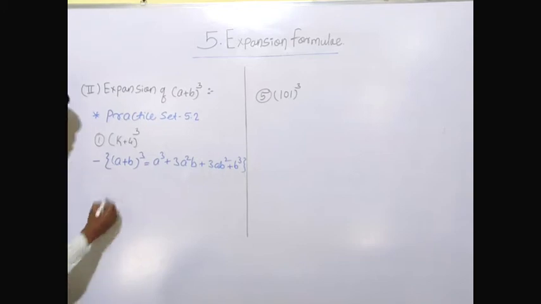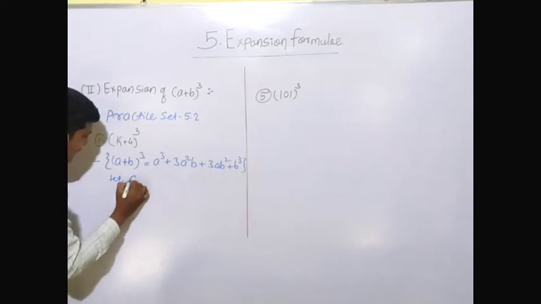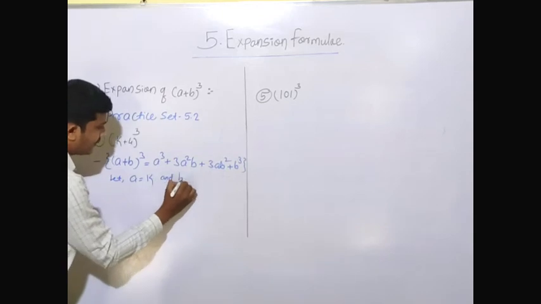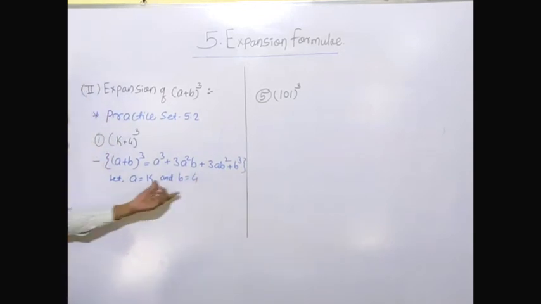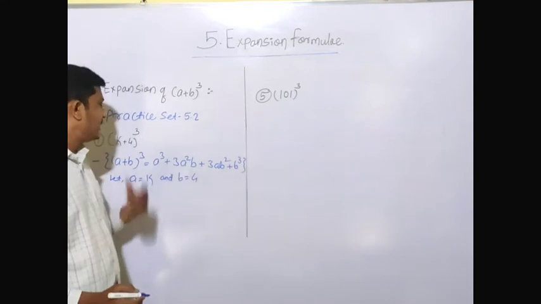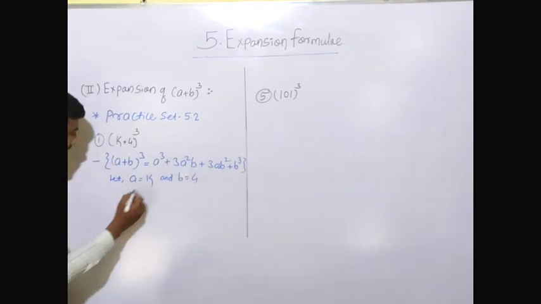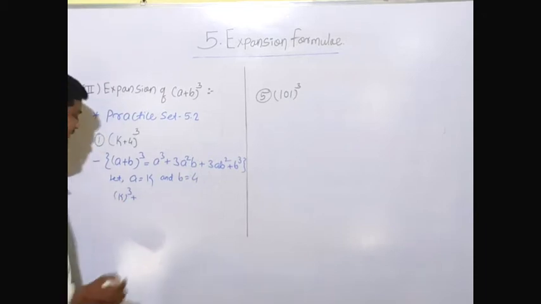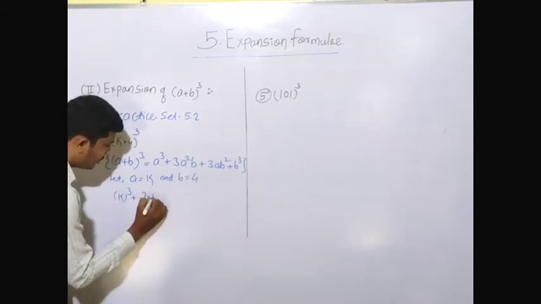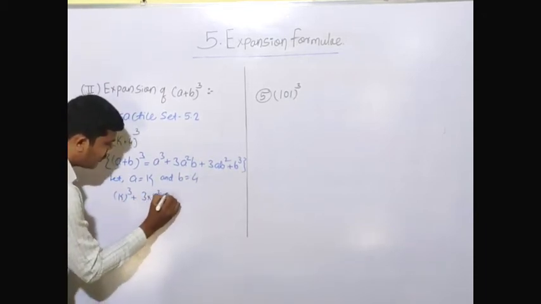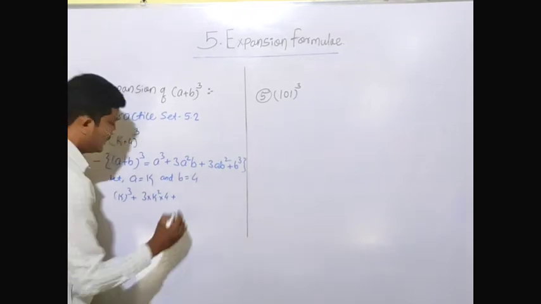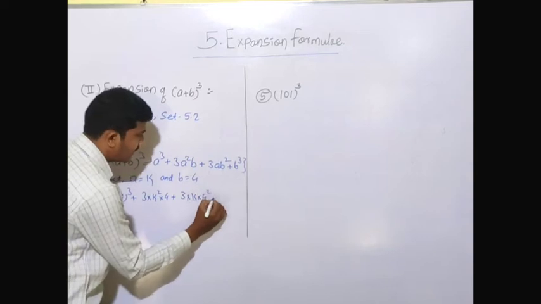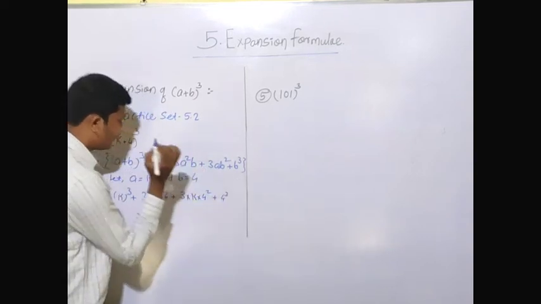So first of all, let a be k and b equal to 4, and substitute the values of a and b in the given formula. So we get k cube plus 3 into k square into 4 plus 3 into k into 4 square plus 4 cube.